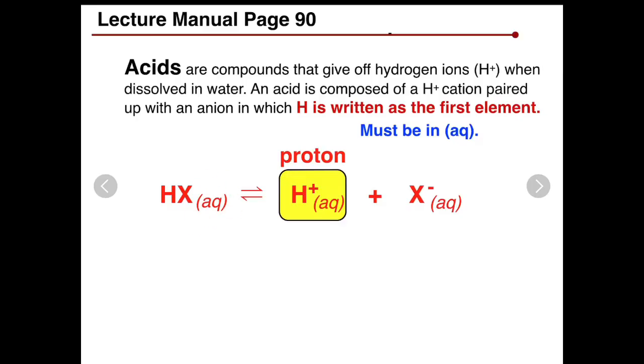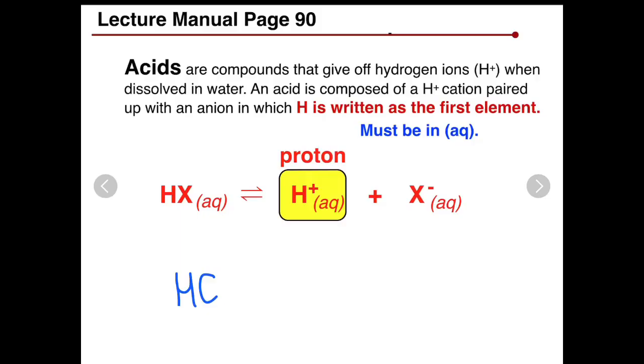Without an aqueous solution, you are going to name the compound according to what we just did earlier. For example, HCl without an aq is not an acid, so you name it hydrogen chloride. It's going to be just that.